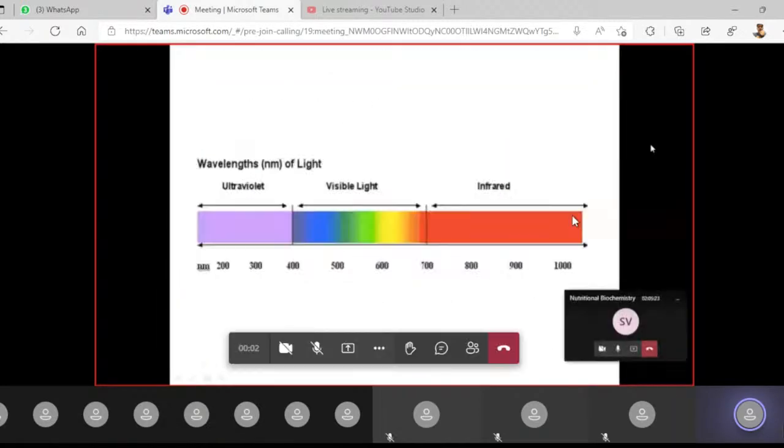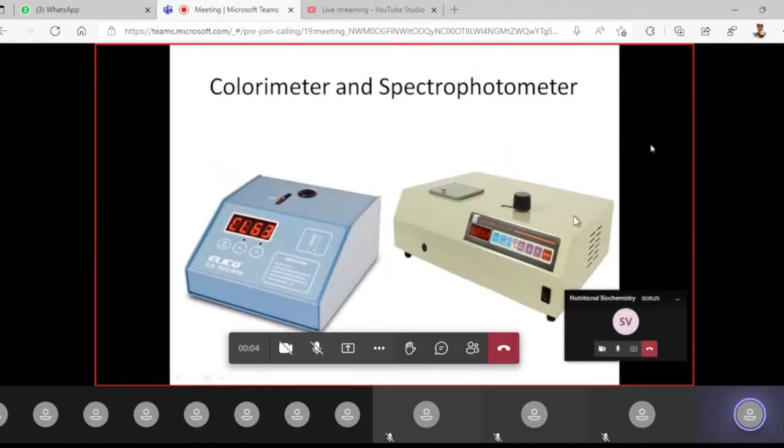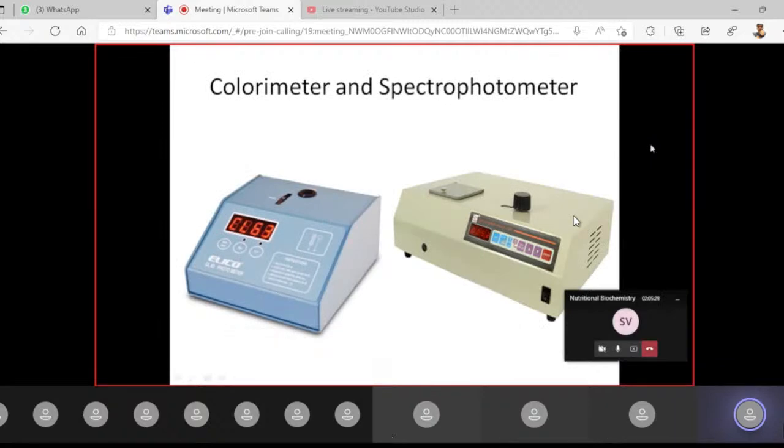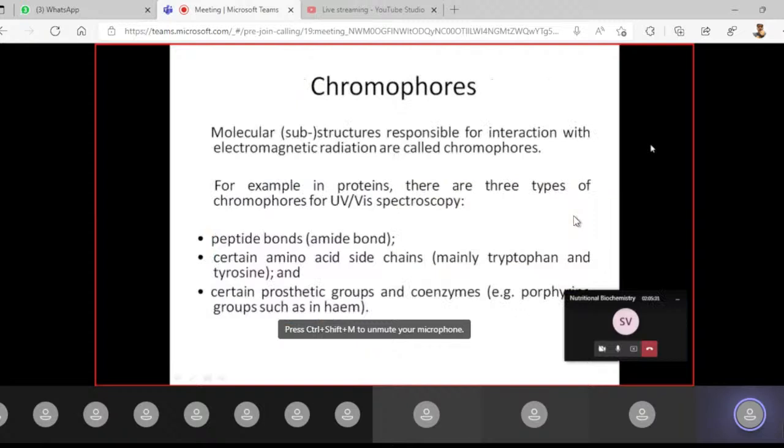So now what are those in your molecules that can absorb light in the UV range or visible range? In your proteins, you have structures known as peptide bonds. You know that proteins are nothing but amino acids linked together, right? So in your proteins, the peptide bond or the amino acids like tyrosine, tryptophan, all of them can absorb light in the UV range.